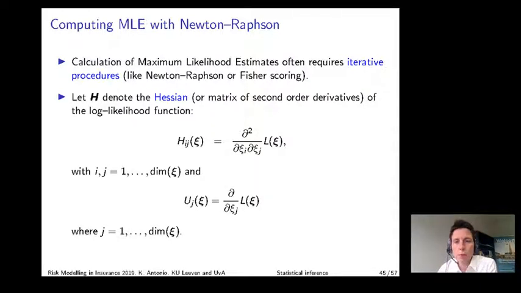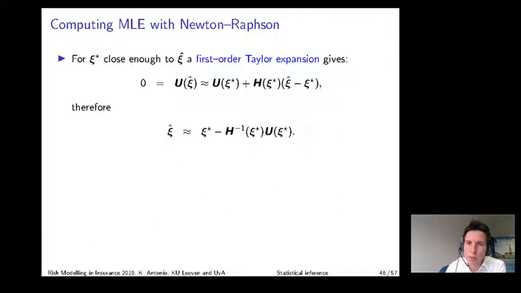You will also use the Fisher score vector, that's the vector u with the first order derivatives of your log likelihood with respect to the unknown parameters. What you essentially want to do is find the xi hat vector such that u, the set of first order derivatives evaluated in xi hat, is 0.